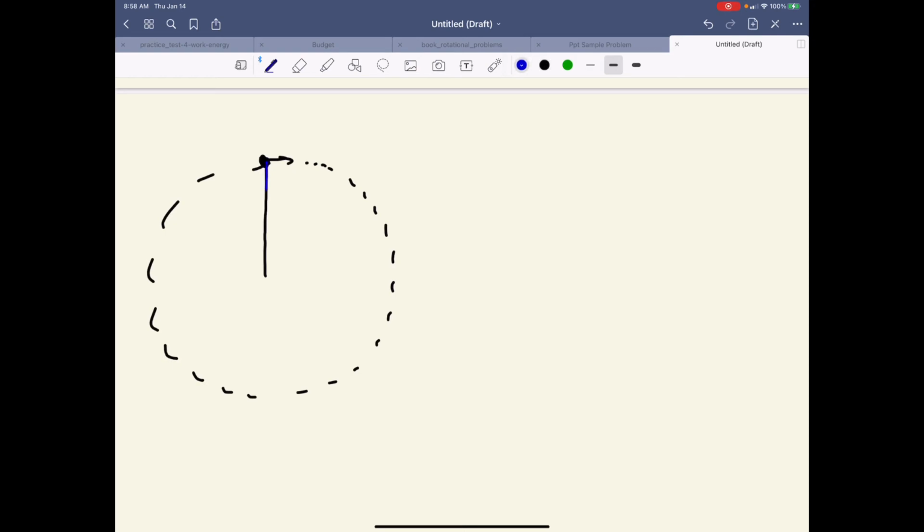I'm going to point out again that there is the centripetal acceleration pointed inward, and this fake force, centrifugal force, pointed outward. All right, and let's make this a little bit bigger. So I'm going to start with the equation for the centripetal force, which is F sub c is equal to m r omega squared, and it, of course, doesn't really matter, m v sub t squared all over r, same thing.